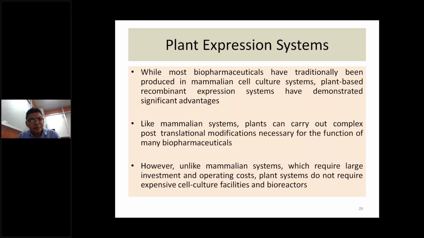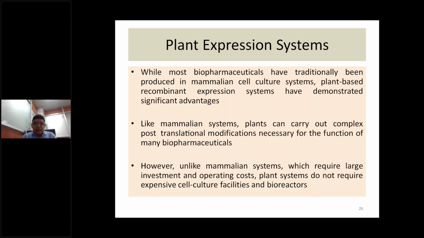Monoclonal antibodies are also being produced in plant expression systems. Unlike other systems, plants have some additional benefits. They can carry out complex post-translational modifications which are necessary for the function of many biopharmaceuticals.